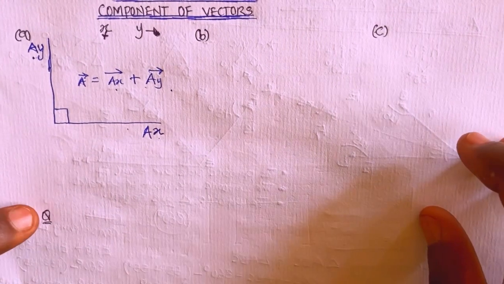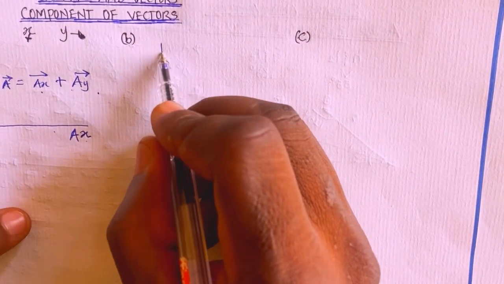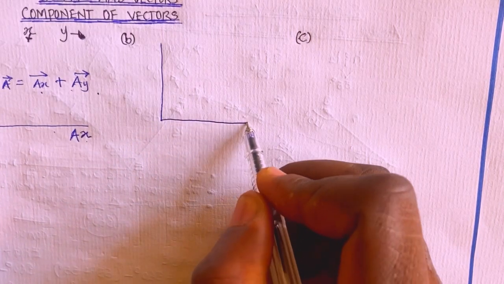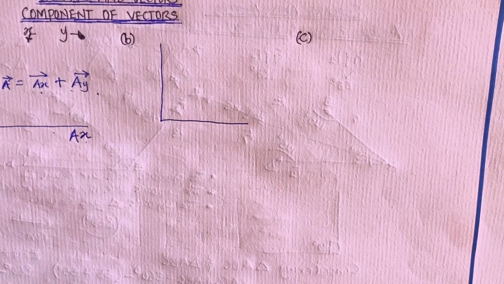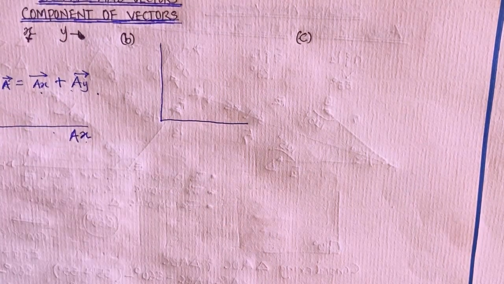Then let's check structure B, right? So this structure B, let's say we have the same angle in this case. What I'm going to represent structure B as is, I'm going to denote the unit vector we can have as far as AX and AY is concerned.